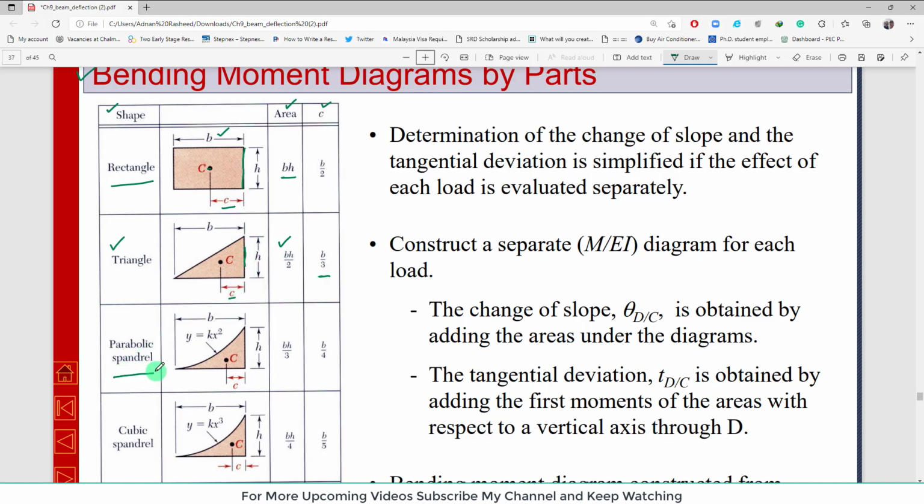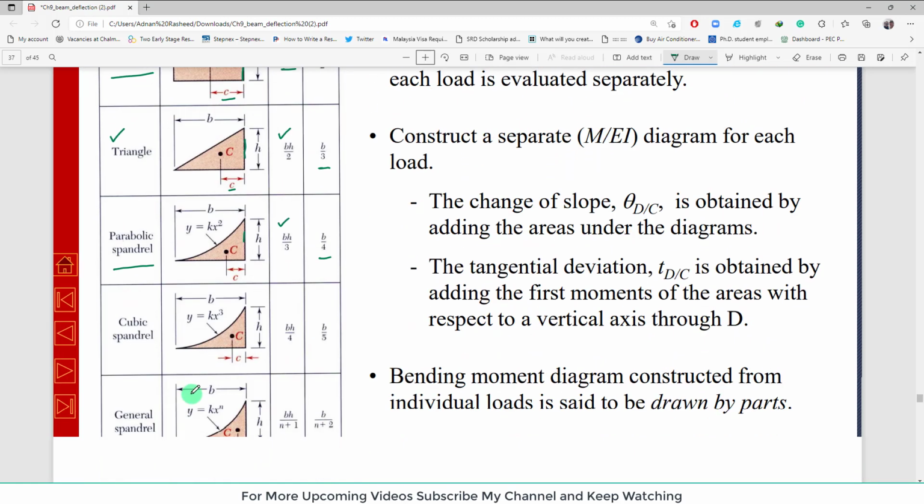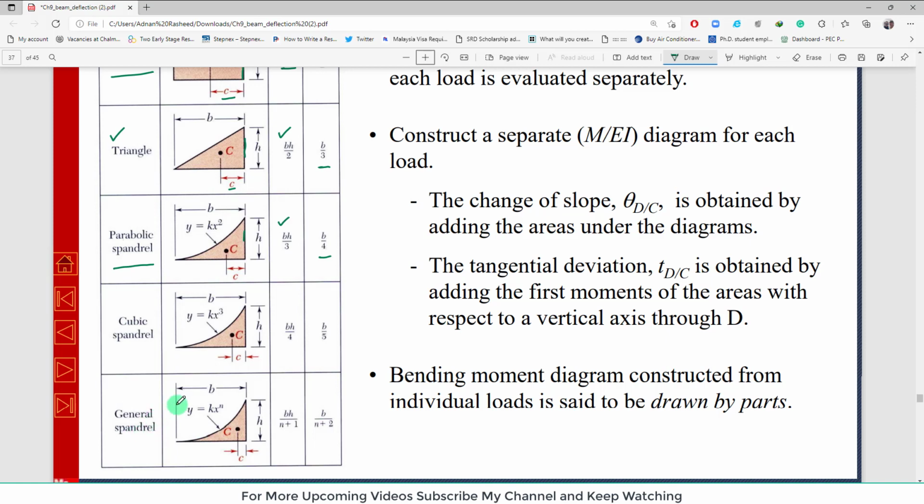Similarly, parabolic equations. You can see this is a parabola, height h, breadth b, so its area is BH over 3, and the distance of its center from this vertical axis is B by 4. Similarly for cubic, it is BH over 4.